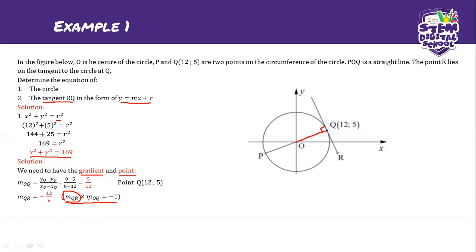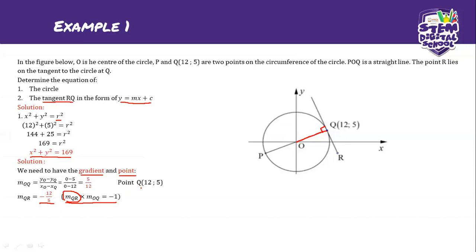Then we have determined the gradient of OQ, which is 5/12, equals -1. So you use this formula to calculate the gradient of the tangent, which is QR. Then in this case, we got negative 12/5, right?